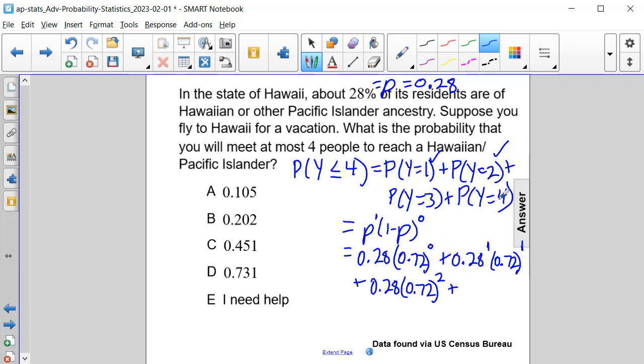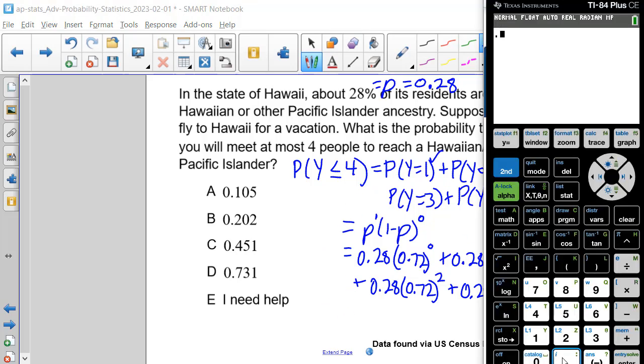And then the final one is, what if it takes 4 people? Well, that's going to be the 28 hundredths to the first times 72 hundredths to the third, because we're meeting 3 people who are not of this descent prior to fulfilling the condition.